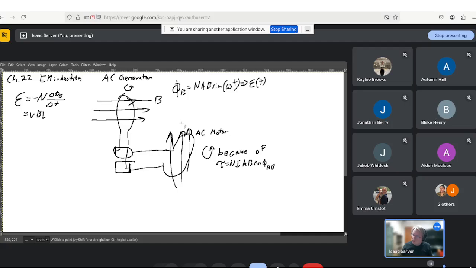But what distinguishes an AC motor from an AC generator? The answer is nothing. So that means that this AC motor here will make its own back EMF off this thing going around in circles, which means that the current that it draws will be less than what you would think otherwise.